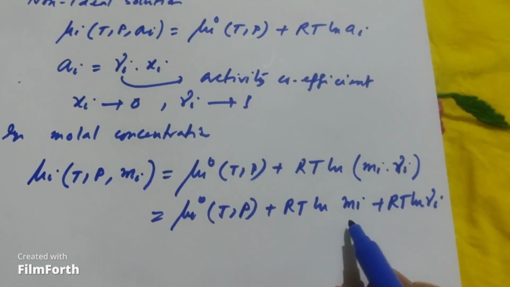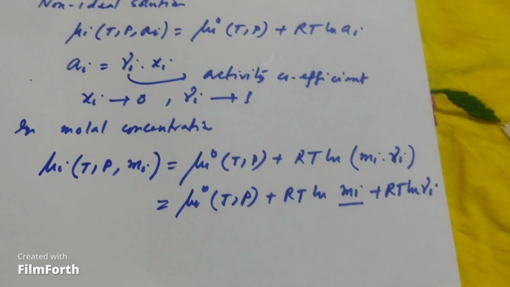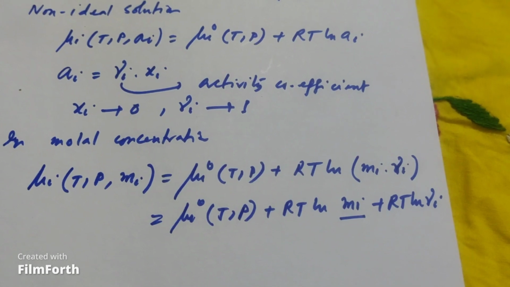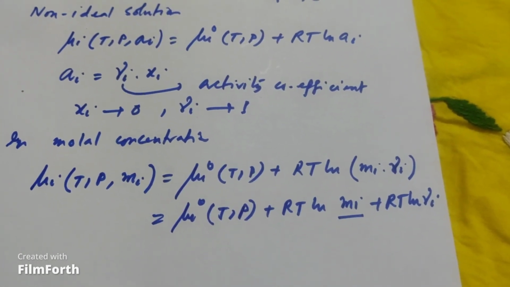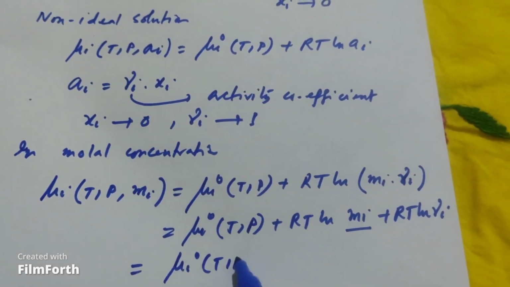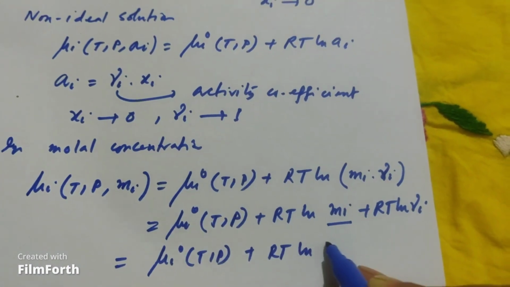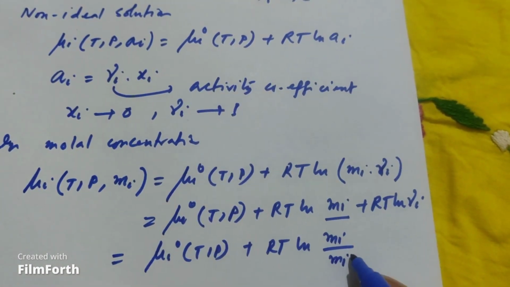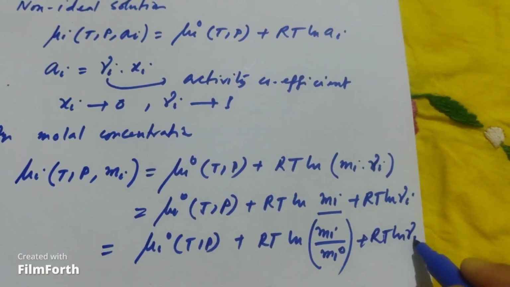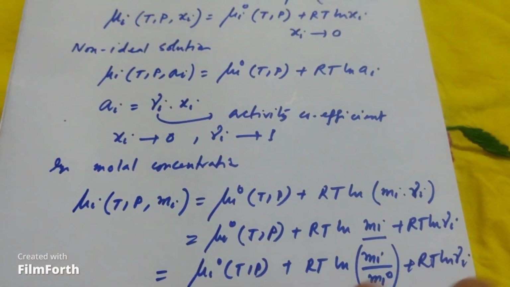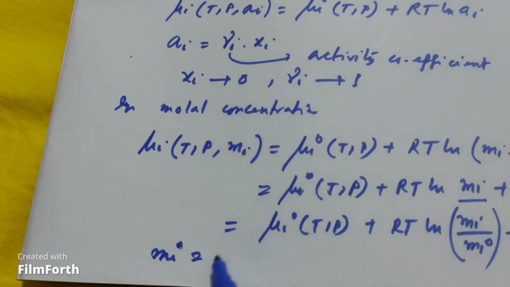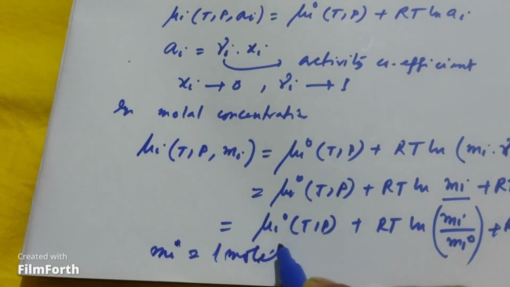Now, this term mi is the molality of the i species, but we know any parameter that is in a logarithm term should be dimensionless. So it should be written in a proper form: RT ln mi by mi0 plus RT ln gamma i for a non-ideal solution. mi0 is just 1 mole per kg.